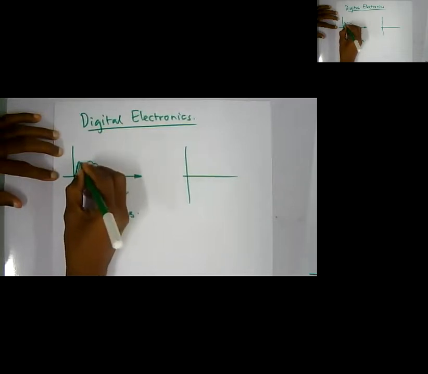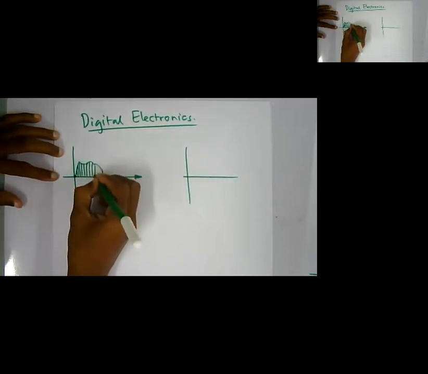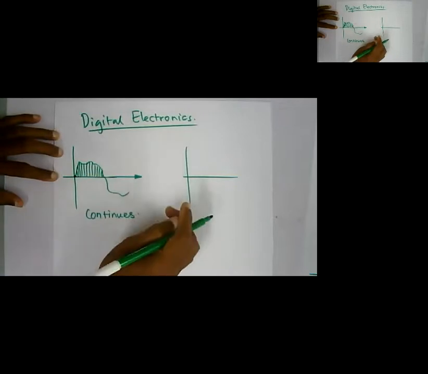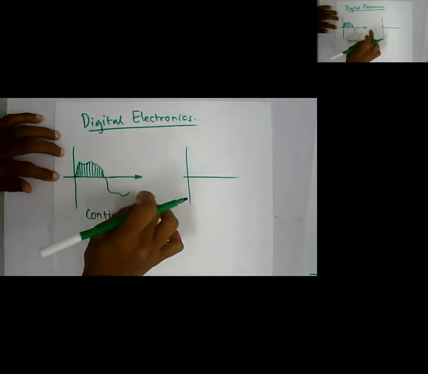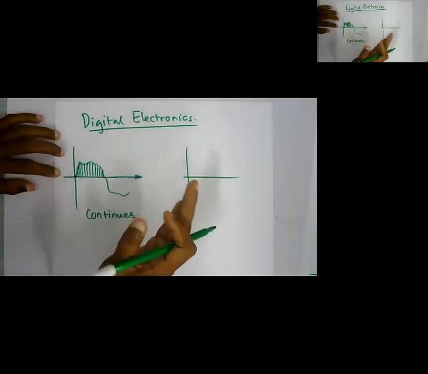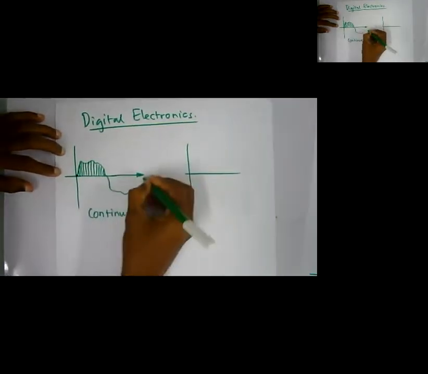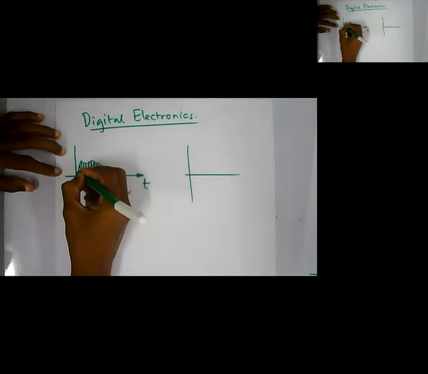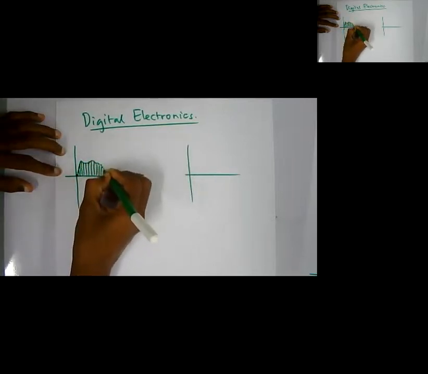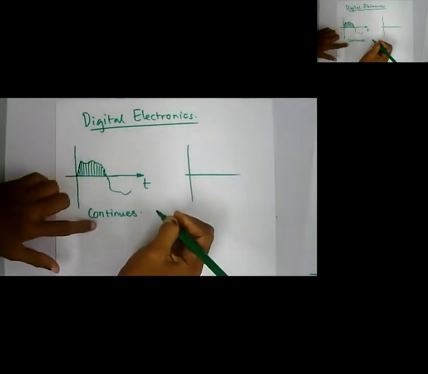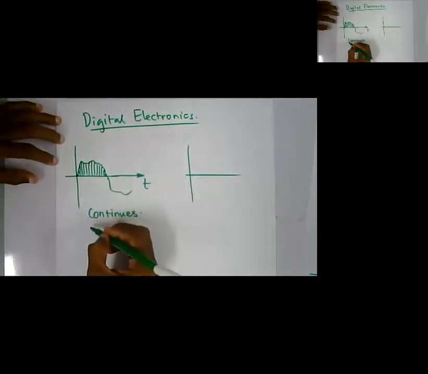For example, t could be 0.1 second, root 2 seconds, 1 second, 5 seconds, 10 seconds, 22 seconds, or whatever. For any value of t, you have a continuous change in the magnitude, which is called a continuous signal or analog signal.